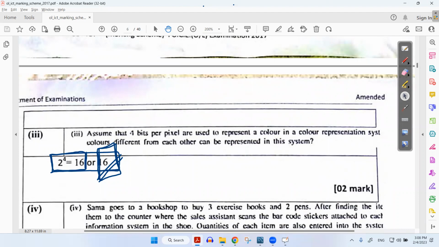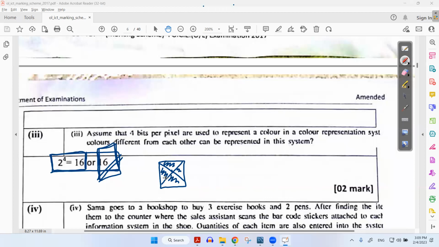The fourth question. Now they said there's a particular pixel and it has the ability of showing colors, with 4 bits inside it, right? So let's take it like this. One particular pixel consists of 4 bits.